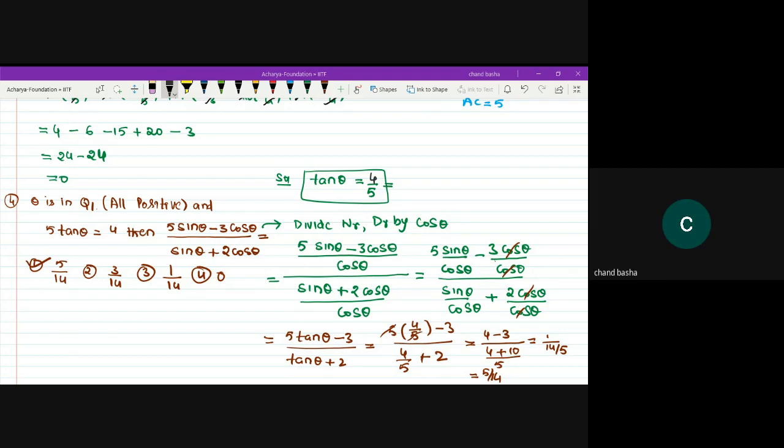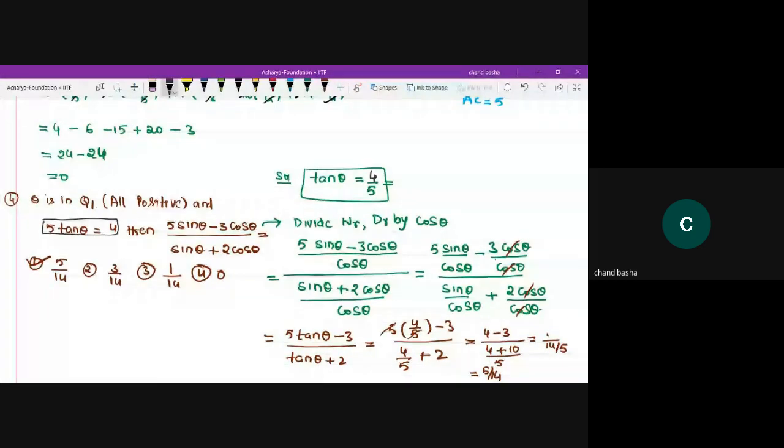Yes, you can substitute for the numerator. 5 cancels, you'll get, yeah, what you said is correct. What about the denominator? You can take the standard tan theta value. Tan theta, from this, is equal to, that 5 will be on the right hand side, I'll get 4 by 5.